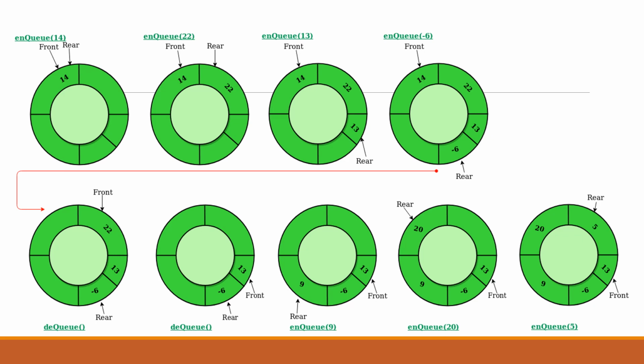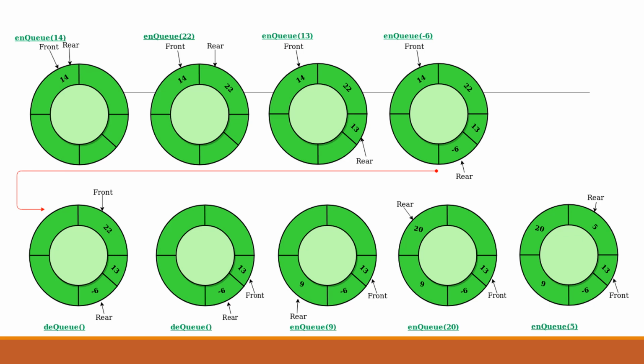Then the second diagrammatic representation of the circle, here NQ, that means inserting an element into the queue. So here I am inserting the element 22. So here the rear is incremented by 1, then inserting an element into the queue.